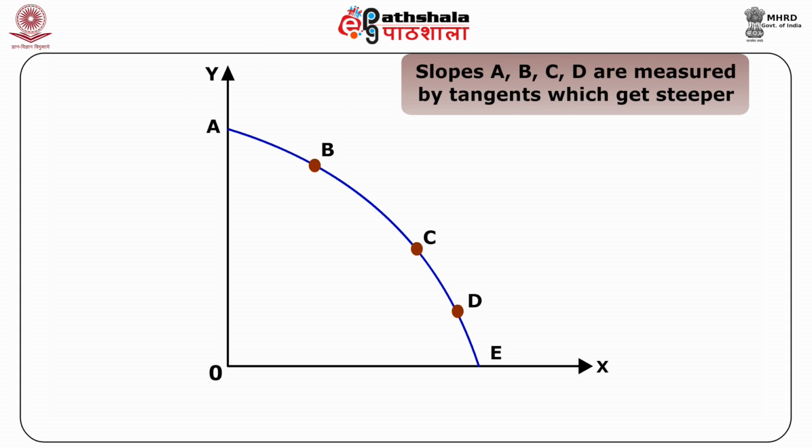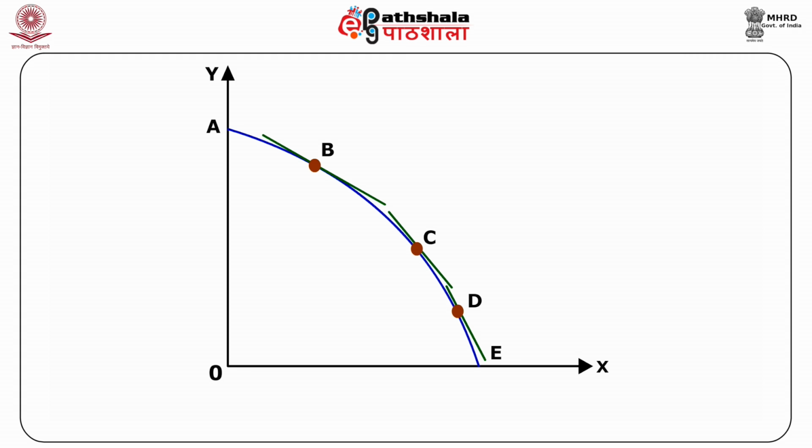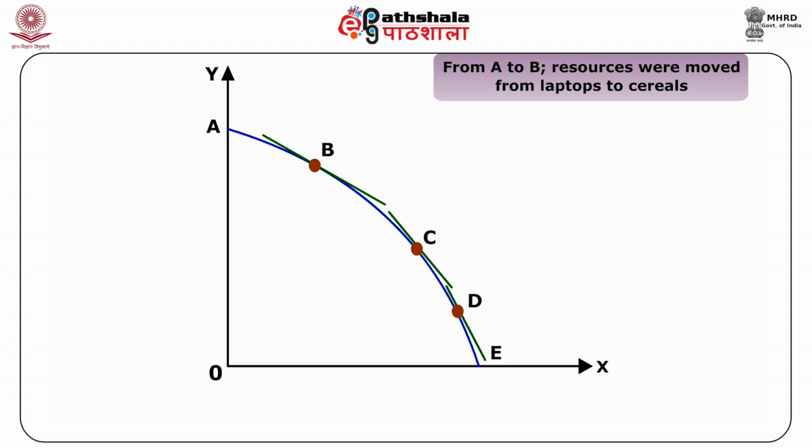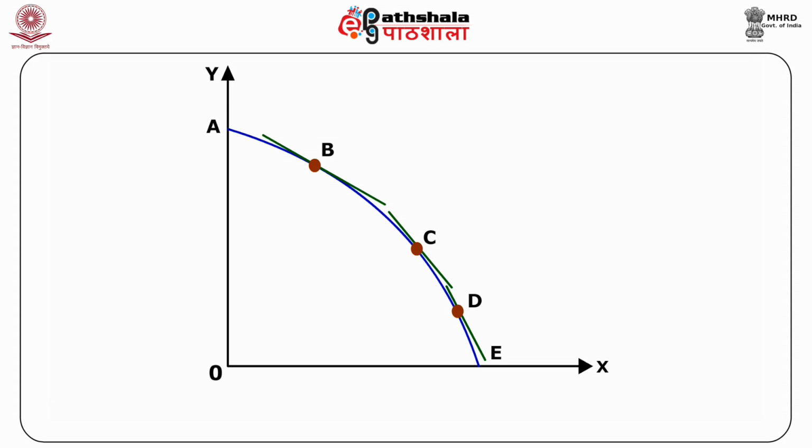If the slopes at points A, B and C, D are measured by tangents drawn to the PPC at those points, the tangents will be seen to get steeper and steeper. This happens because when the country moves from A to B, from the maximum number of laptops and no cereals to fewer laptops but some cereals, at least some of the resources that were being used for making laptops are moved to the production of cereals.